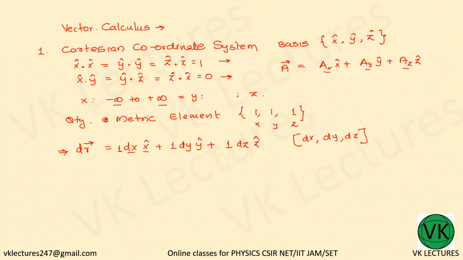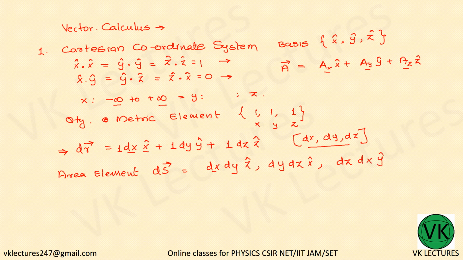The area element, the small area ds vector, is given by: first dx dy, which will be in the direction of z cap; dy dz will be in the direction of x cap; and dz dx will be in the direction of y cap.